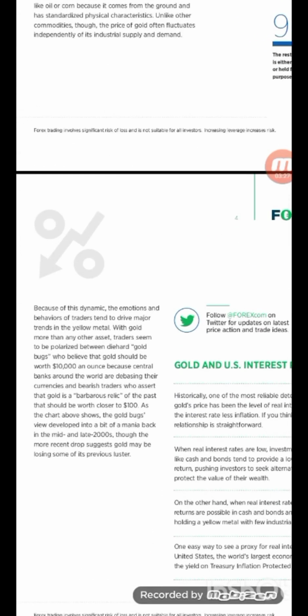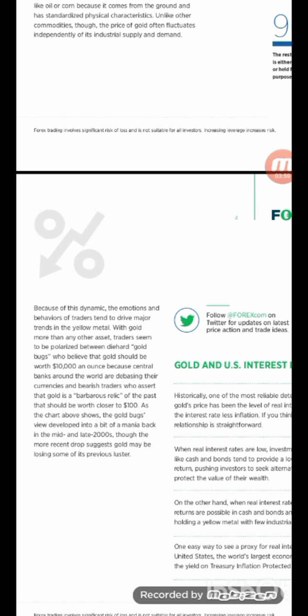Because of this dynamic, the emotion and behavior of traders tend to drive major trends in the yellow metal, with gold more than any other asset. Diehard gold bugs believe that gold should be worth $10,000 an ounce because central banks around the world are debasing their currencies, and bearish traders assert that gold is a barbaric relic of the past that should be worth closer to $100.